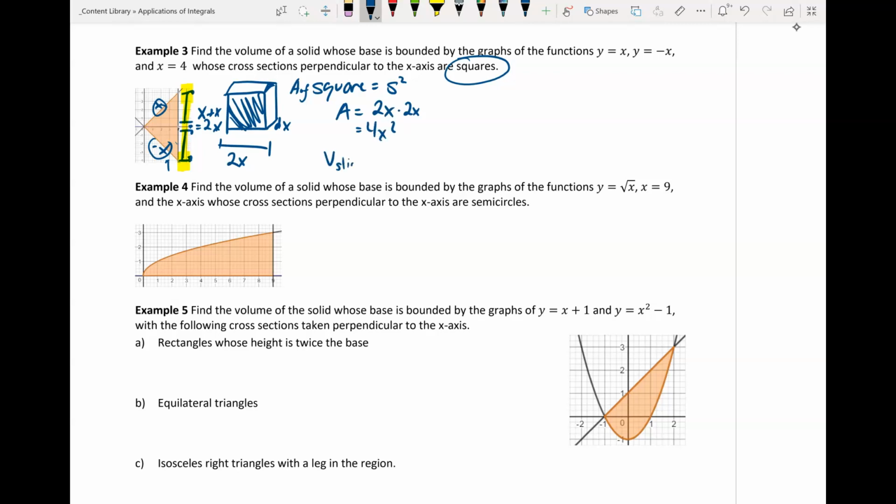Then the volume of the slice is going to be 4x squared times dx, which is our width. So the overall volume of the solid is going to be the integral with bounds of x from 0 to 4 of the volume of the slice, which is 4x squared dx. And you can put this into your TI-84 or 83 to calculate this, which is 85.333.